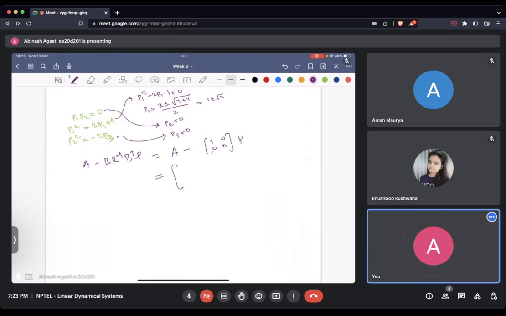For A we know the value, [1 0; 0 -1], B is [1; 0], and P we got from here, so P is [1 plus minus root 2, 0; 0, 0]. So what is this A minus B matrix? This entire thing.